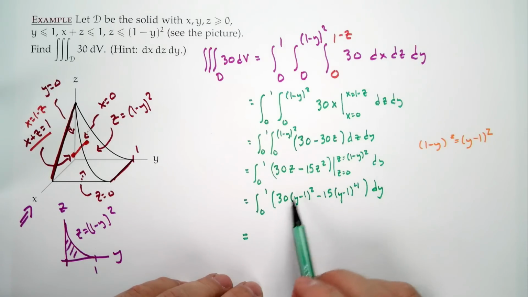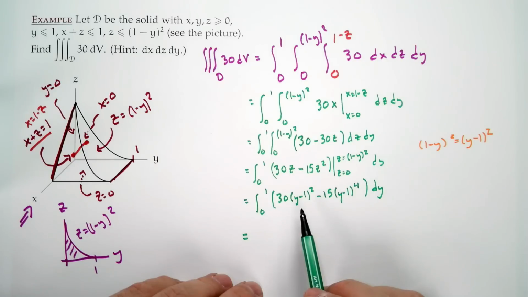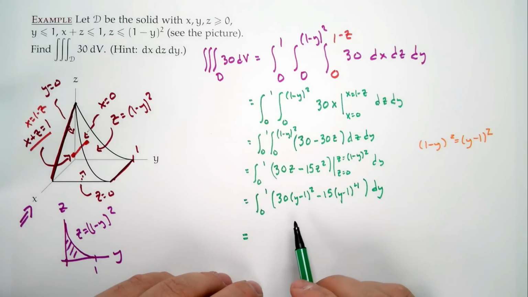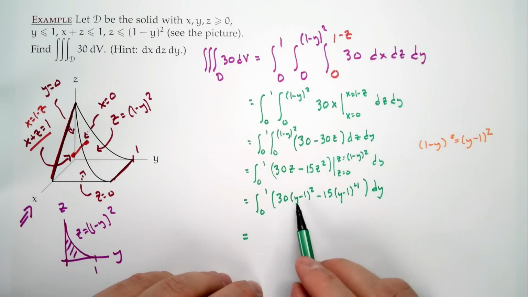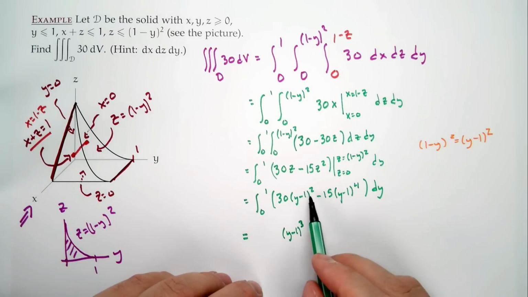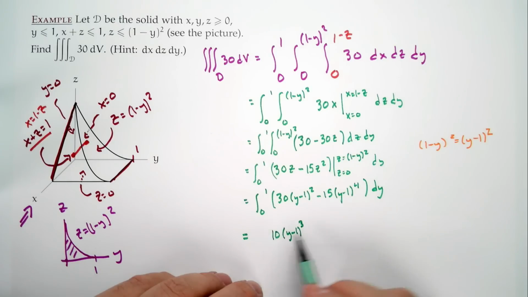Instead, we're just going to work this out. So here, you could do a couple things. You could think of it as a u substitution, or you just say, okay, what does it become? If I add 1 to the power, because it's y minus 1, this will become y minus 1 cubed, and then I divide by 3, so that's 10.